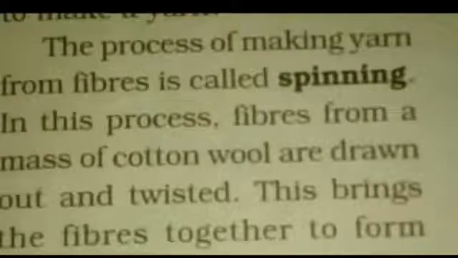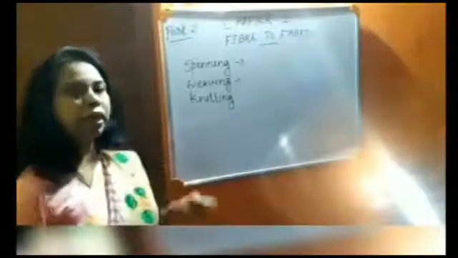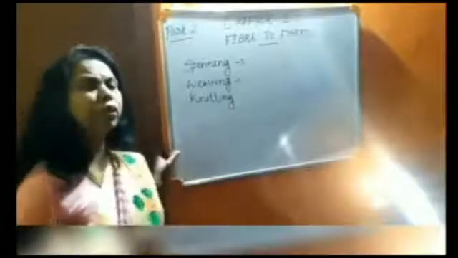What is called spinning? The process of making yarn from fibers is called spinning. Yarn to fabric is done in looms. We know that Mahatma Gandhi is the person who popularized the instrument named charkha.